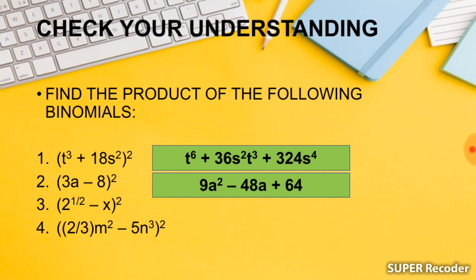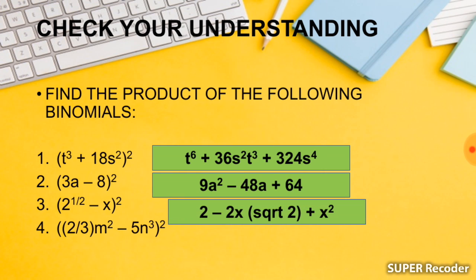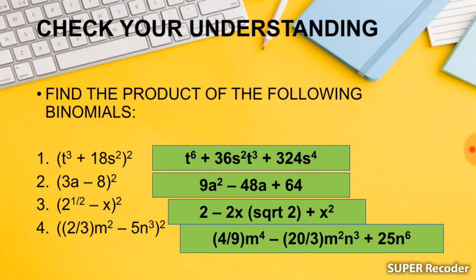For the third item, the answer is 2 minus 2x, the square root of 2 plus x squared. And lastly, for the last item, we have 4 over 9 m to the 4th minus 20 over 3 m squared n cubed plus 25n to the 6. I hope, guys, you got all 4 correct.